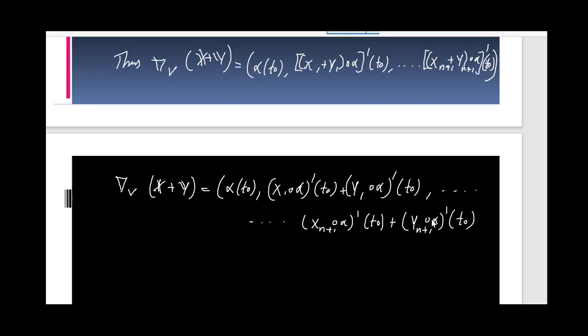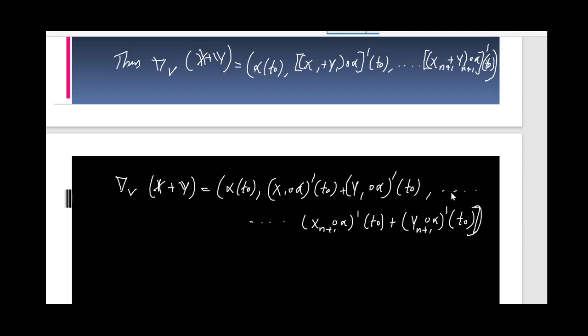Now this can be written as del_v of (x plus y) equal to (alpha of t naught, x1 composition alpha dash of t naught plus y1 composition alpha dash of t naught, etc., the last term being x_(n+1) composition alpha dash of t naught plus y_(n+1) composition alpha dash of t naught).